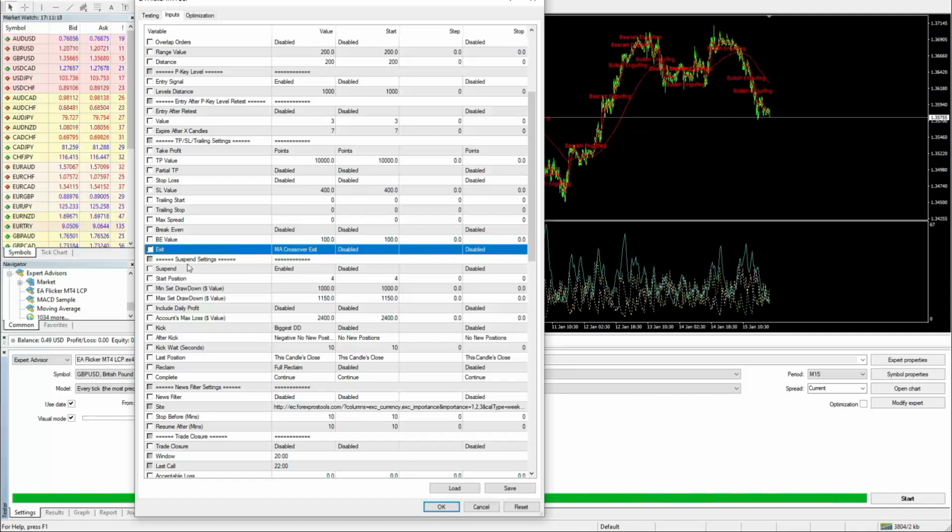Now suspend is more useful, I would say, if you were to use Martingale, because the Martingale strategy suggests that you do not put any stop loss, because it gives ample room for the market to retrace. But the problem with Martingale is a lot of people conclude that Martingale will only blow your account because sometimes the market would not retrace.